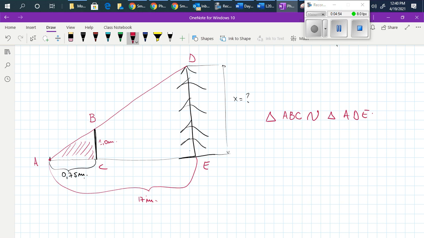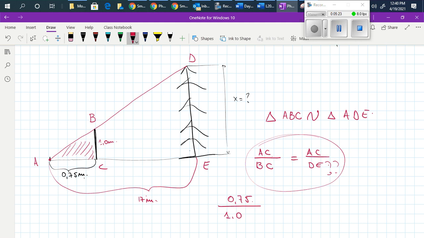And then AC over BC is the same ratio as AE over DE. In this relationship we know everything but DE, that is the height of the tree. So this will be 0.75 over 1 meter, and they are all in meters, is equal to AE, not AC, AE, that is 17 meters over X.